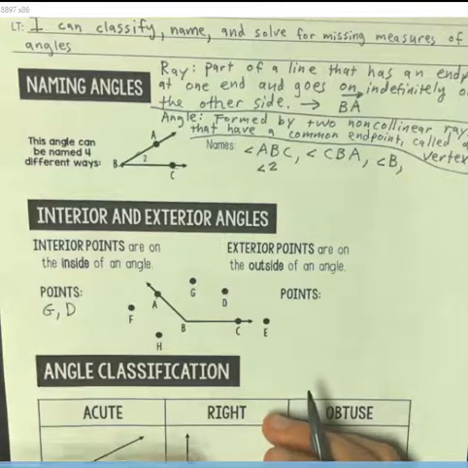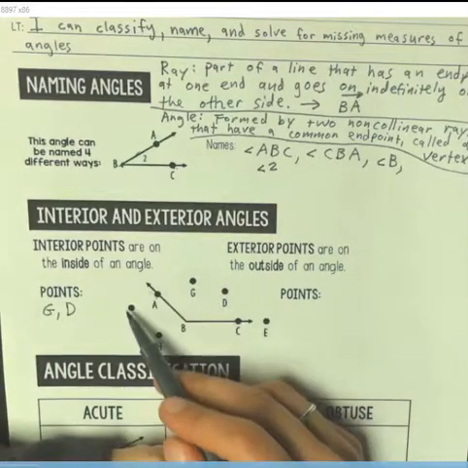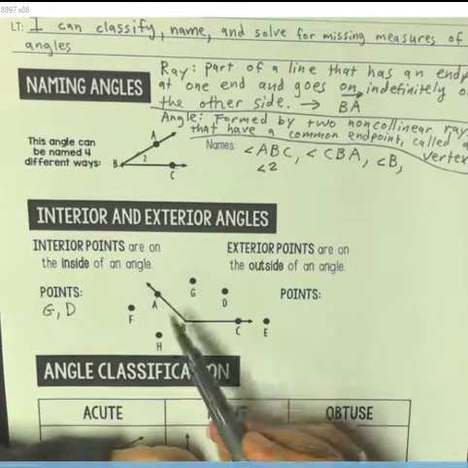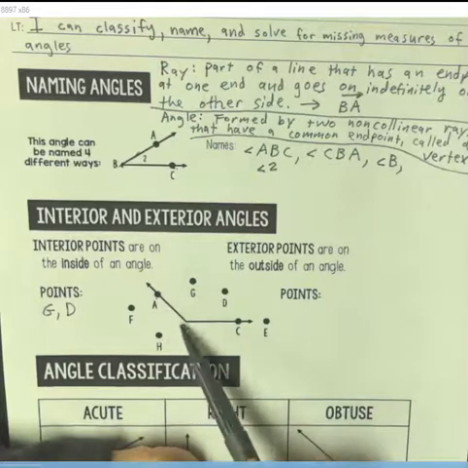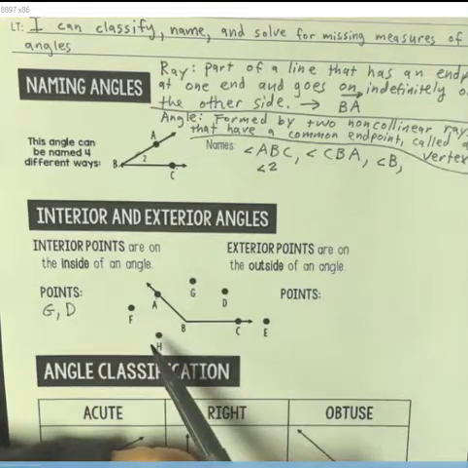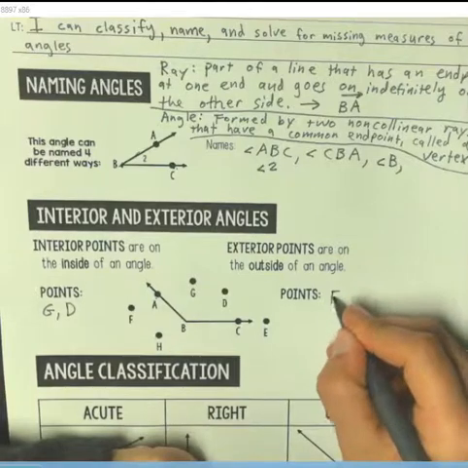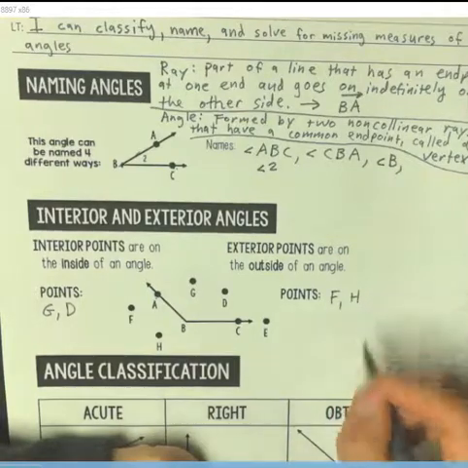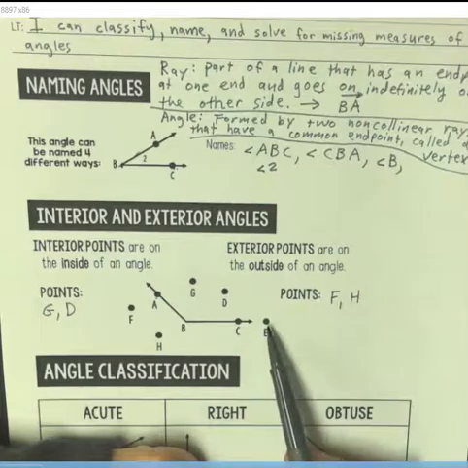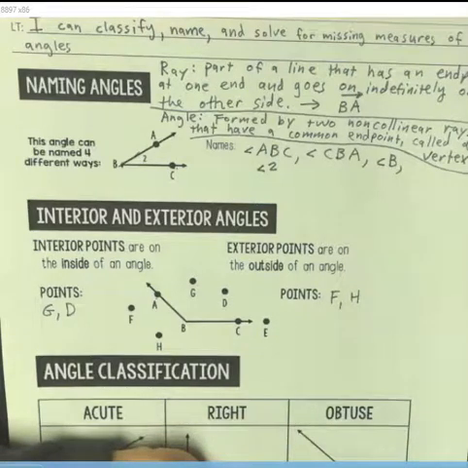Now, exterior points are any points that are outside of the angle. Exterior points for angle ABC are points F and H. And then you might wonder, well, what about point E? Is that an interior or an exterior point?